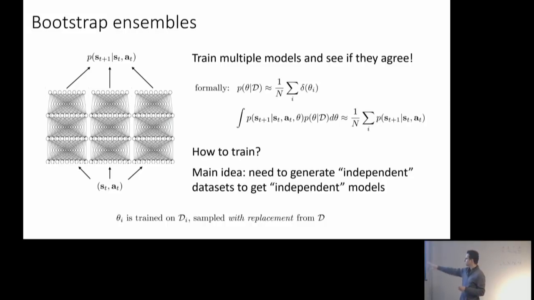There's an important clarification I should make here. Some of you might be familiar with things like boosting, where the idea is that different models in an ensemble take responsibility for different parts of the world. So you train the first model, you train a second model that corrects the mistakes of the first model, and so on. That is not what's happening here.